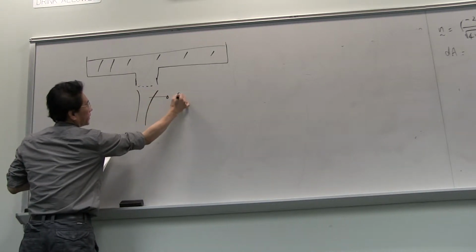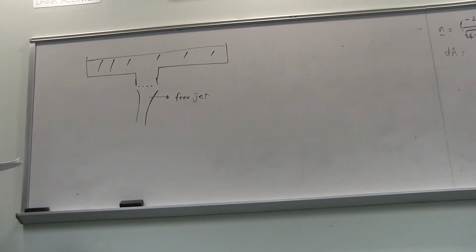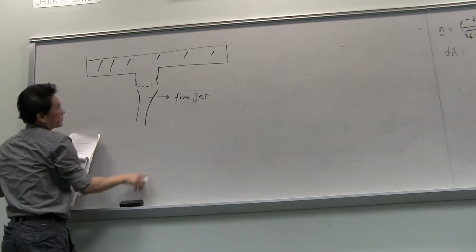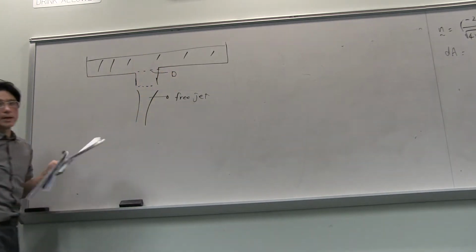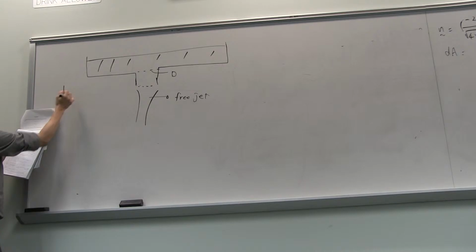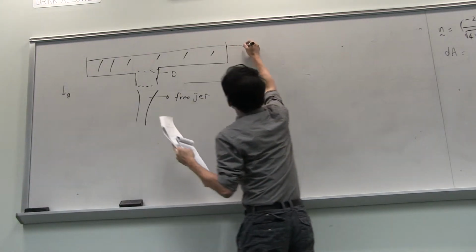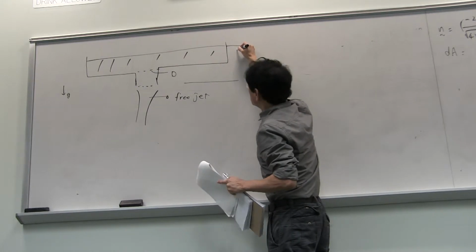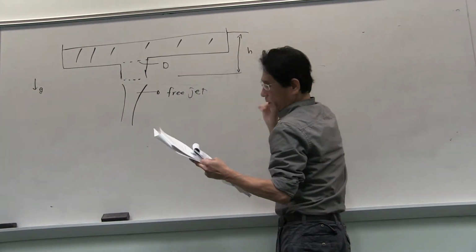The diameter of the tank is capital D, gravity points in this direction, and the level from the top of the fluid to the nozzle is small h.